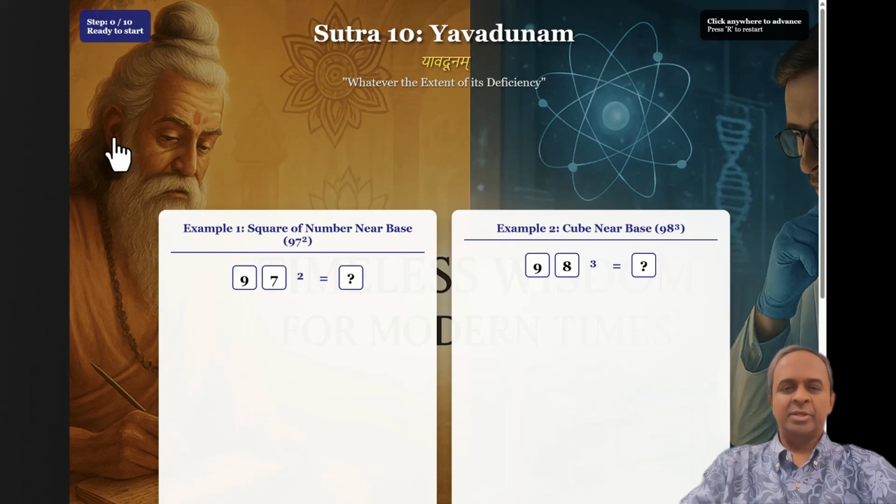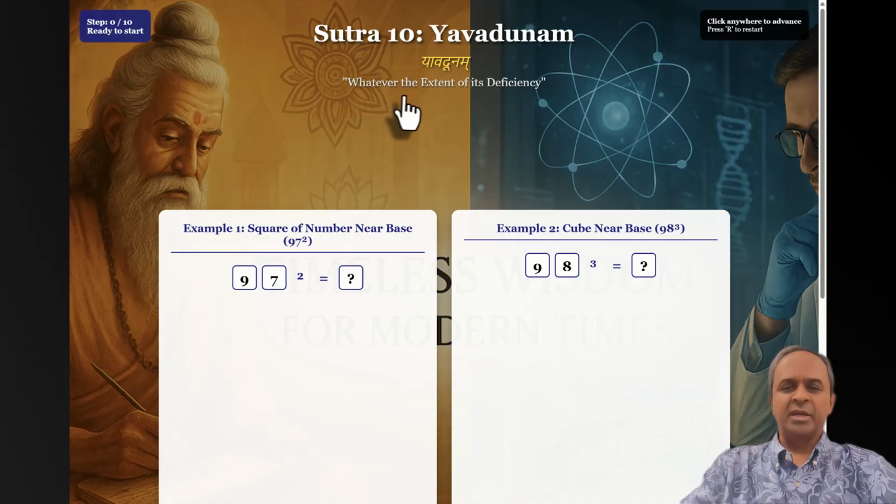All right. So now let's look at the 10th sutra, Yavadunam, pronounced again as Yavadunam. And the English translation of this is whatever the extent of its deficiency.